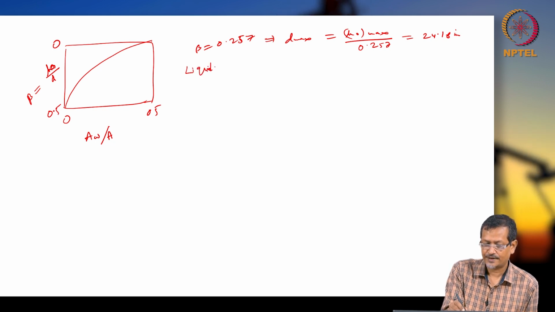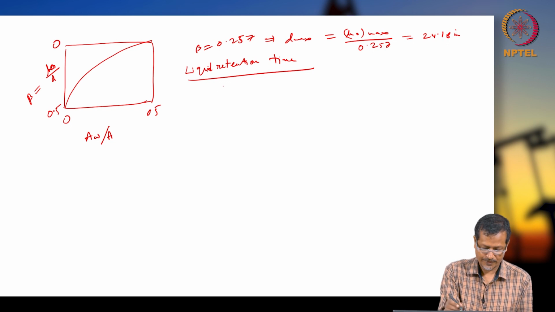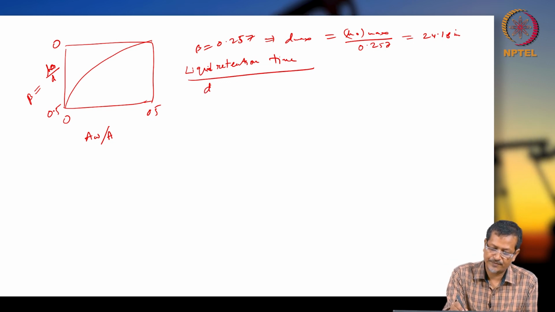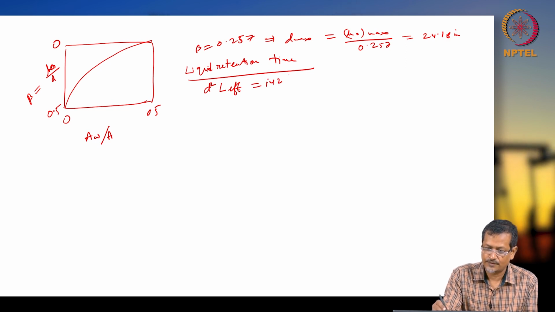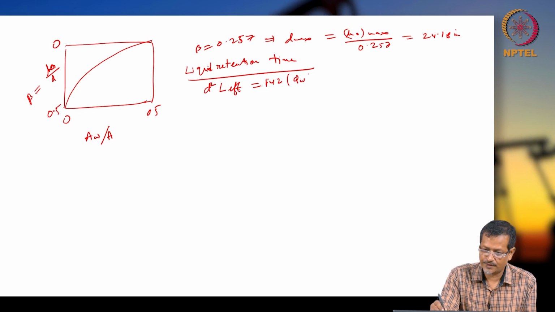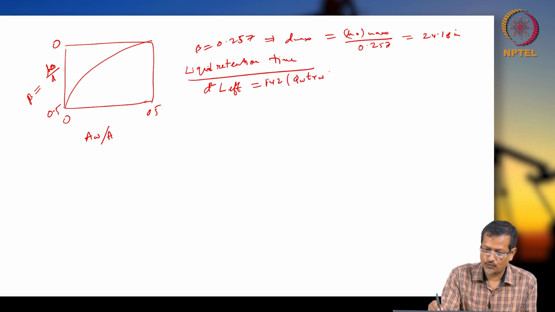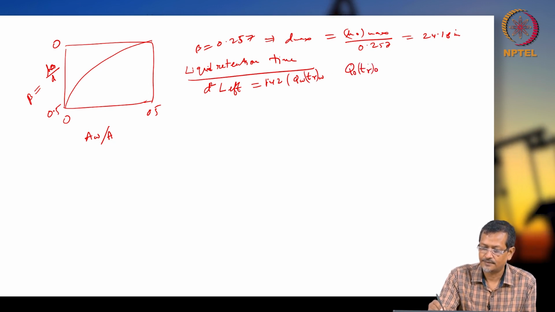Now you have to calculate the liquid retention time. If we calculate liquid retention time, you remember the previous formula: L effective length equals 1.42 into Q water TR water plus Q oil TR oil. Okay.